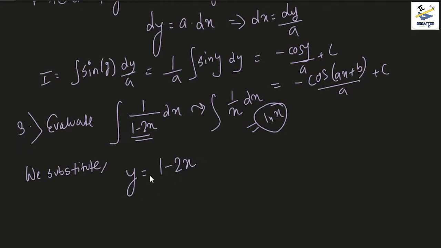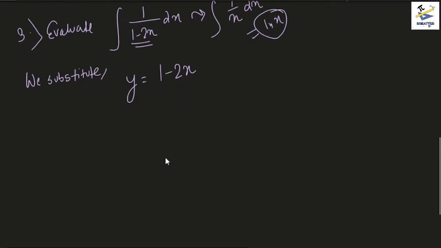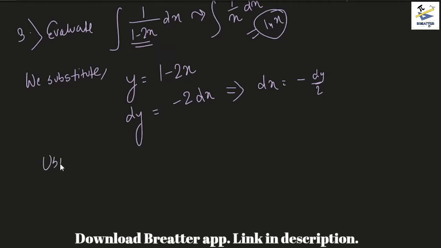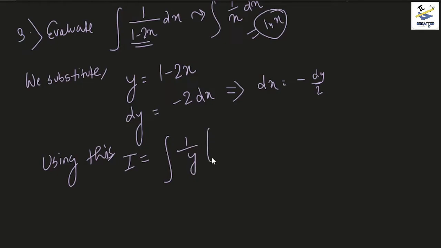Now y equals 1 minus 2x would give us a pretty easy way to evaluate this integral, because when you differentiate both sides, what you get is dy equals minus 2 dx, right? And this would give you dx equals minus dy by 2. Using this, I should be equal to 1 by (1 minus 2x), which is just 1 by y, and dx is just minus dy by 2, right?